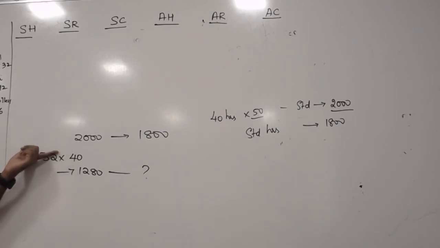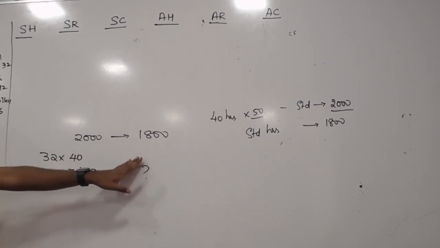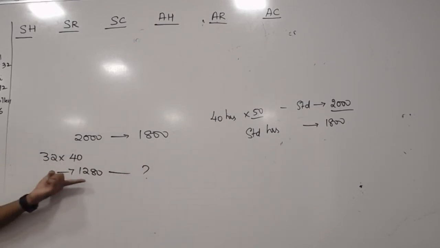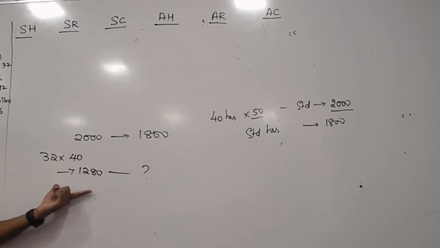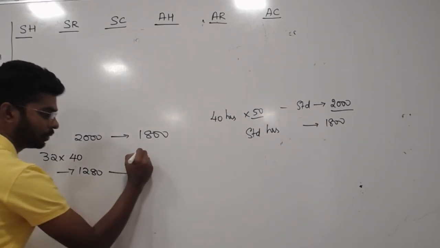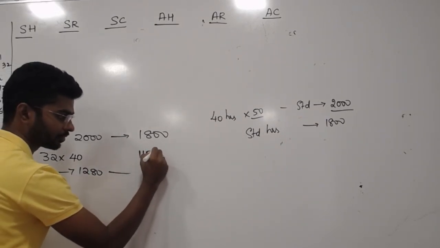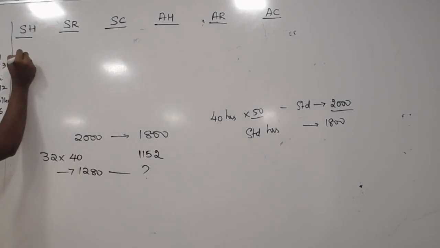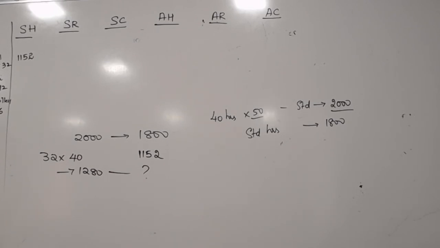If you work for 2000 hours, your standard hours turn out to be what? 1800. You are working for 1280. So, what will be your standard hours then? Understood?